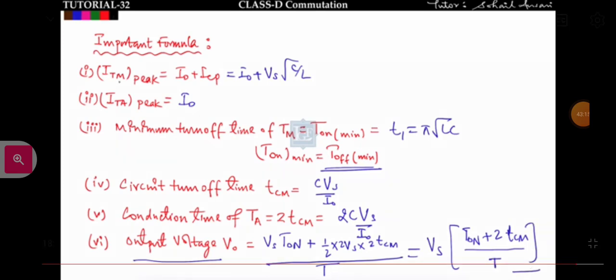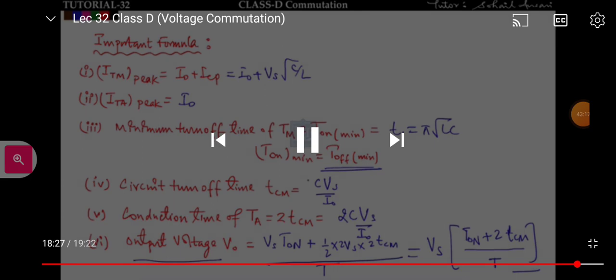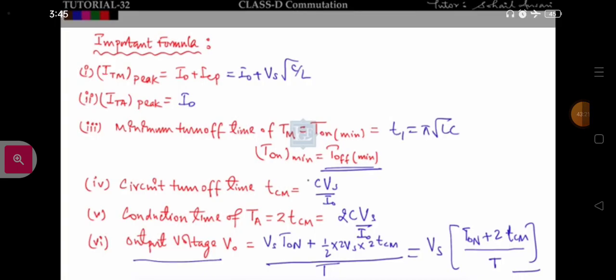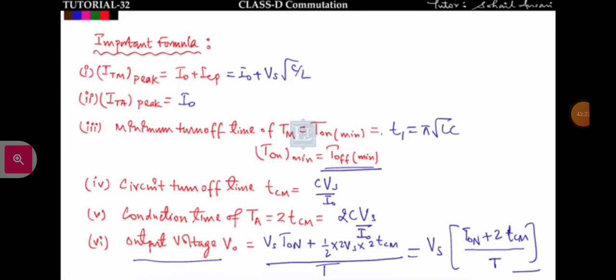So all these formulas you have to keep in mind, then only you will be able to solve problems based on class D commutation, that is the voltage commutation.